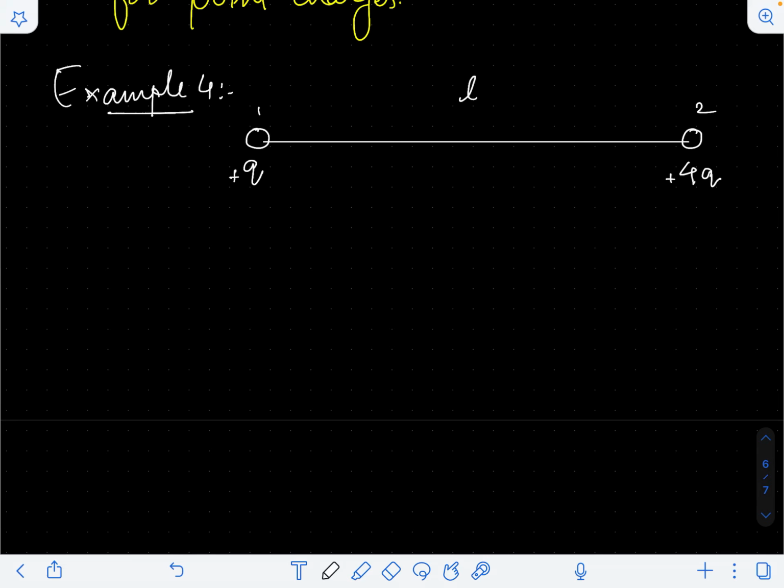It says: under what situation should a third charge be placed so that the entire system is in equilibrium.